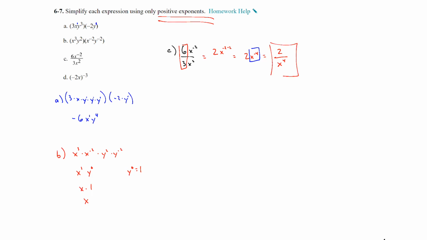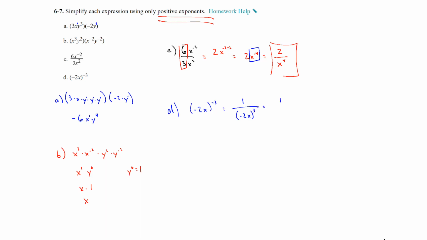And the last one, D. We have negative 2x raised to the negative third power. And so since that whole thing is being raised to the negative 3, we're going to have to move it to the denominator. So now it's 1 over this whole thing, but now it's raised to the positive 3 power.